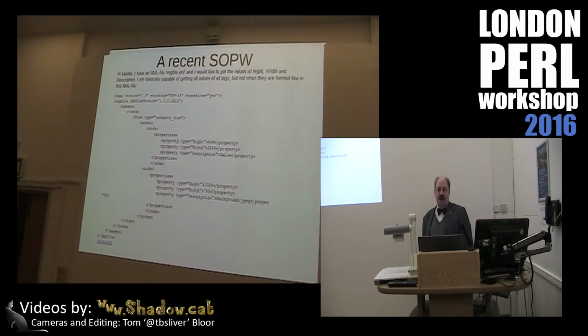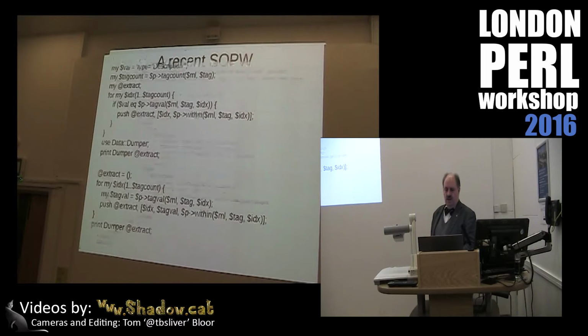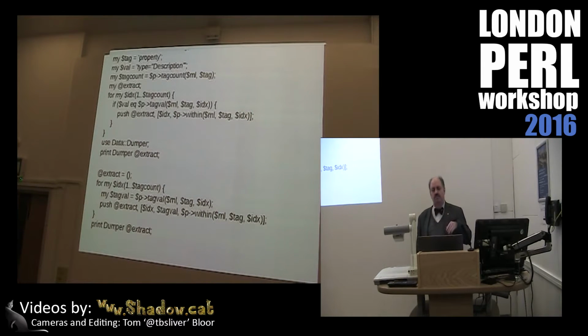How do you use it in practice? Well, this was a recent query on Perl Monks. Somebody's got this tag soup and wanted to get out. In his question, he said height misspelt, not his doing, not mine, width and description. In the code that he wrote, he was only going for the description. So we're looking for property tags.